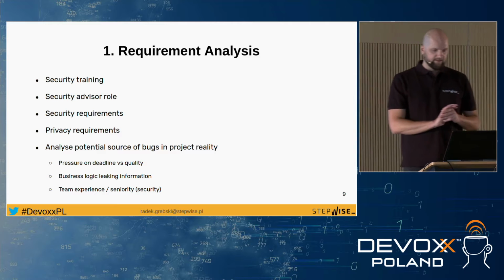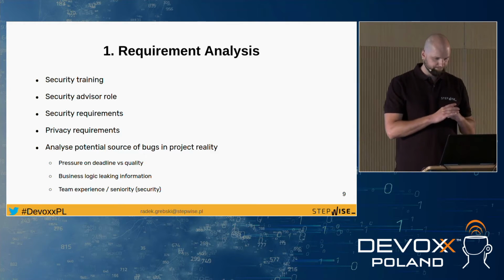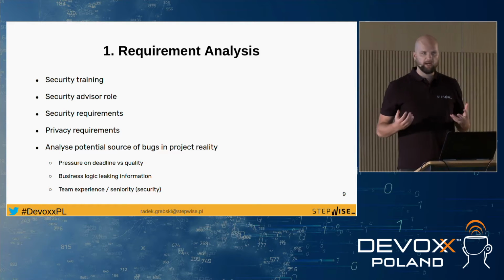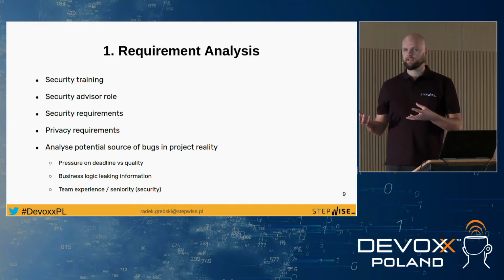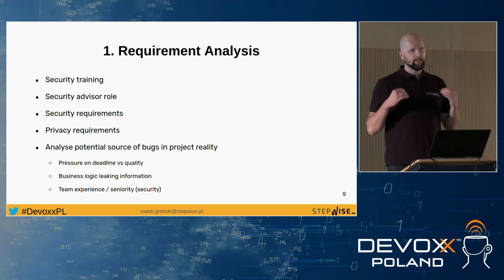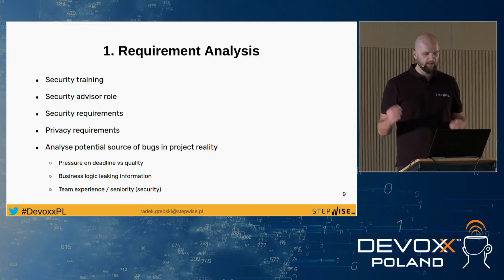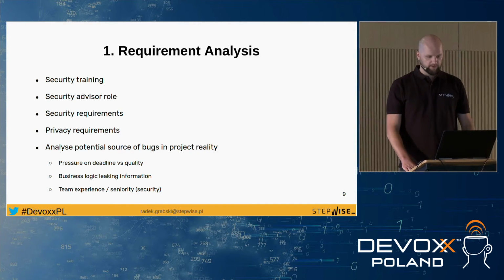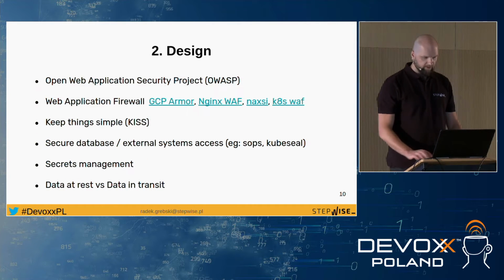At this stage, we should also analyze potential sources of bugs in our project reality, which can be deadlines, business logic leaking information, or simply not enough experience, or the level of security awareness of our project team not being that high.